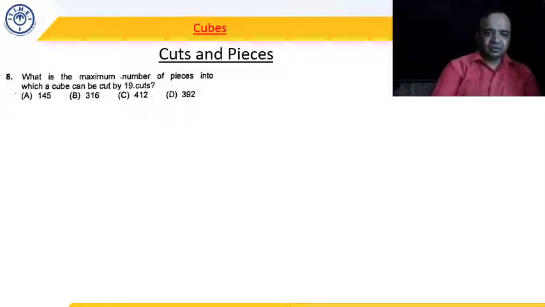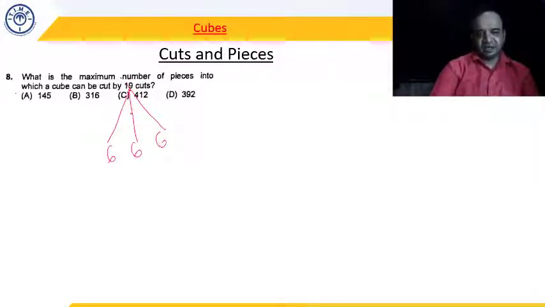19 cuts. So to maximize the number of pieces, we have to distribute these 19 cuts in such a way that these numbers A, B, C are as close as possible. So for that, we divide this by 3 and the quotient will be 6. So this distribution will be like 6, 6, 6 and one remainder can be given to any one of these 3.